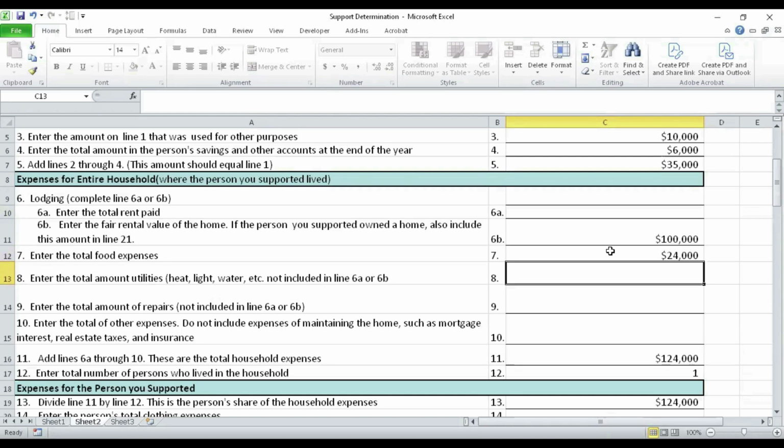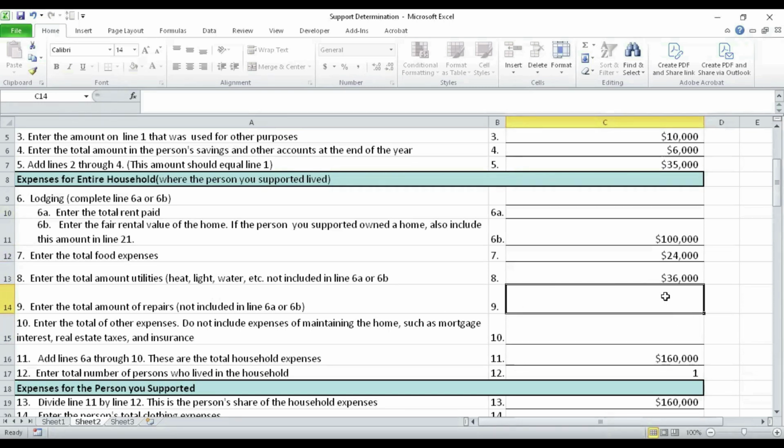And the utilities, heating, electricity, water, come out to be 36,000. And for the total amount repaired, he had the roof done and windows installed for the winter.